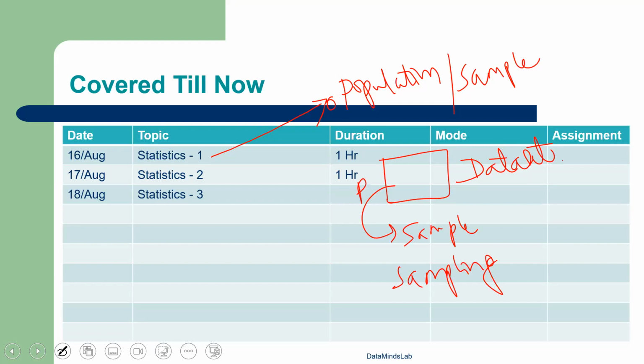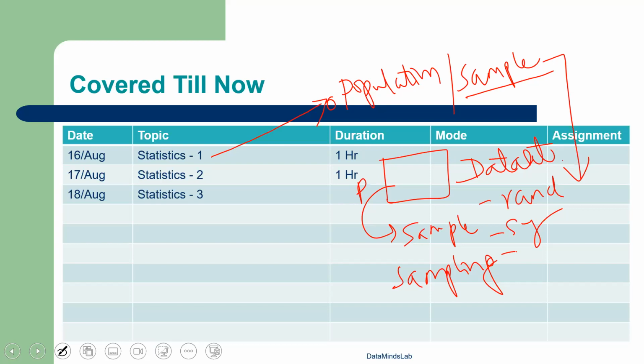We considered the sampling methods: random sampling, systematic sampling, and stratified sampling. Maybe one or two sampling methods we will try in Python coding also, so that the understanding will be clear.